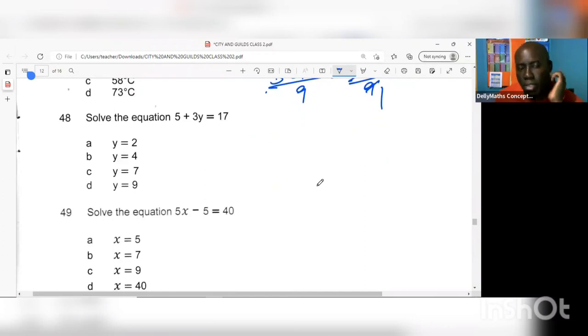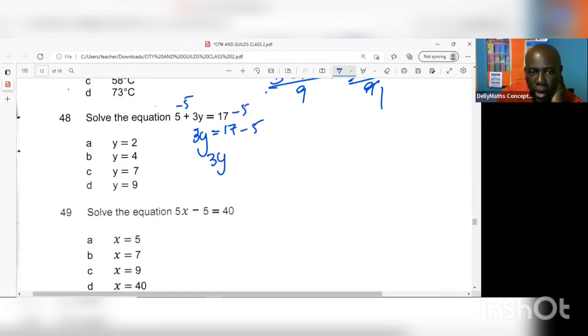Solve the following equations. So 3y, I'm going to get the 5 on the other side, subtract 5, subtract 5. So we're looking at 3y is equal to 13. 14 should say. Hold on. This is 12.